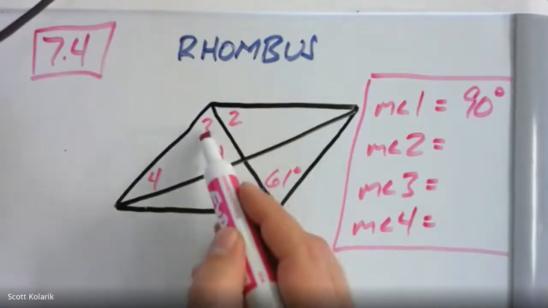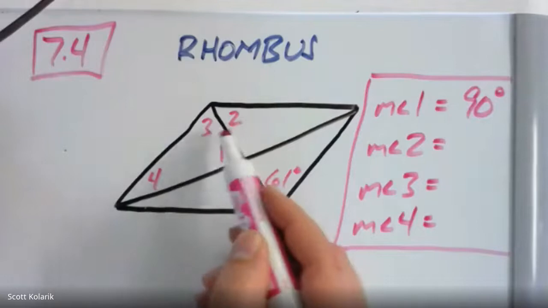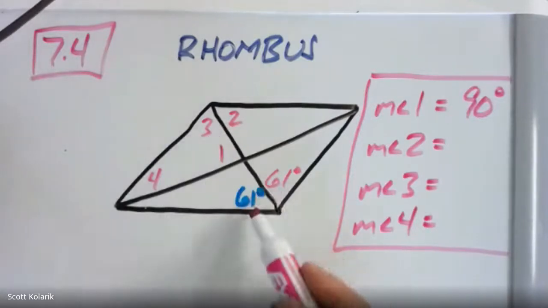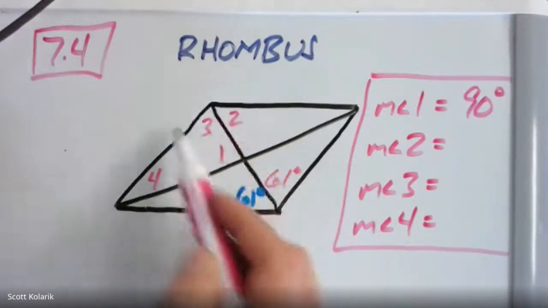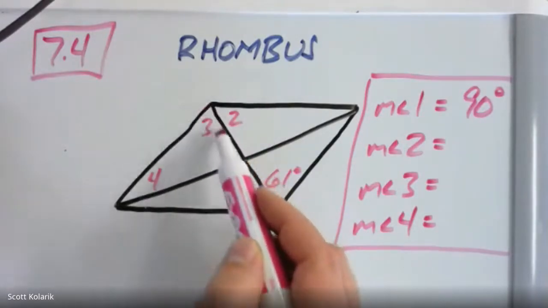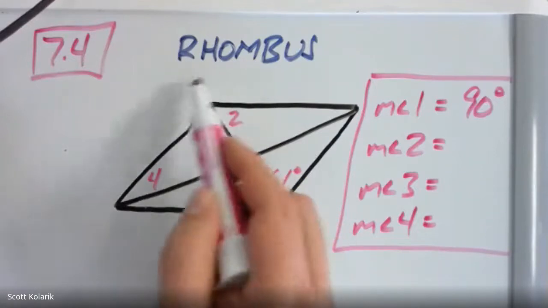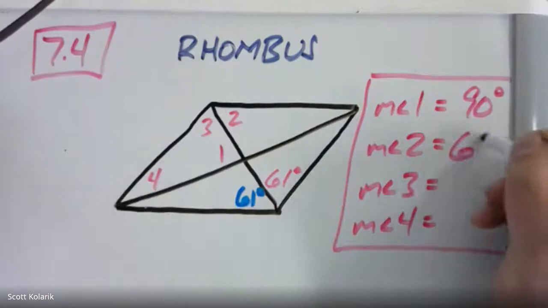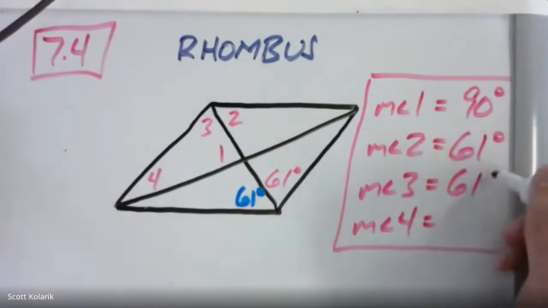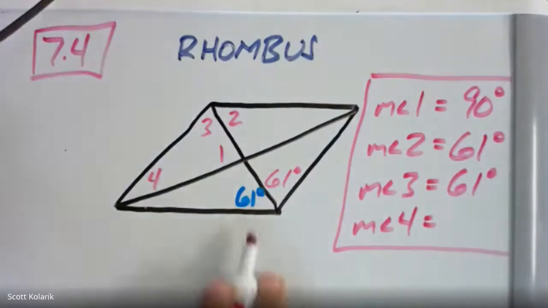That's going to force these 2 each to be 61 degrees, because 61 plus 61 is 122 degrees down here. That 122, because it's a parallelogram, forces this one to be 122. And again, because the same diagonal bisects it in half, 122 divided by 2 gives me 61 and 61. So these 2, again, little to no work needed. Just copy and paste that for each of those.